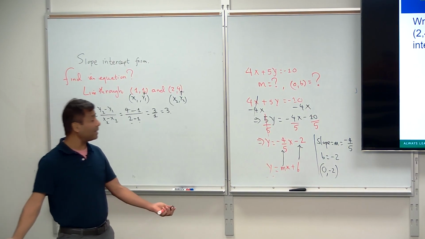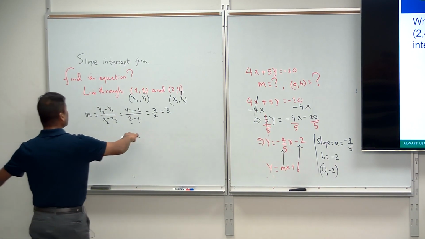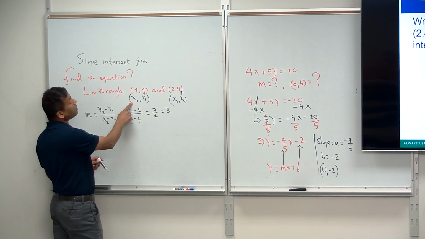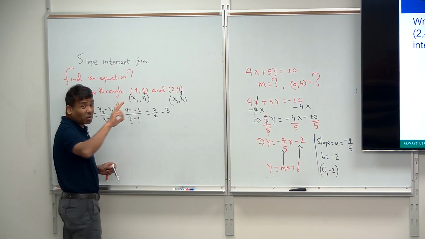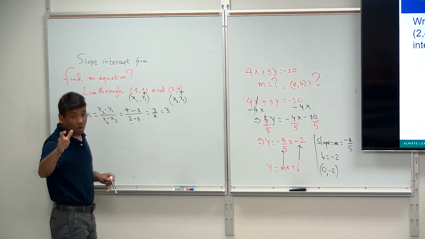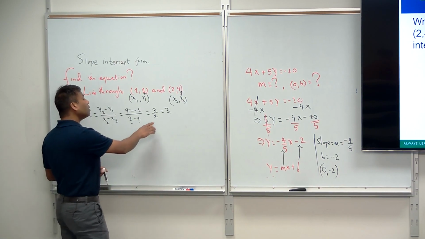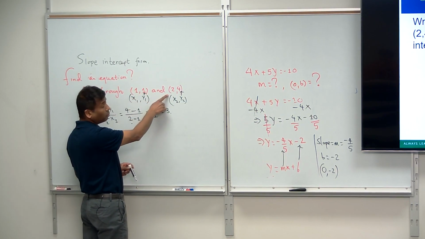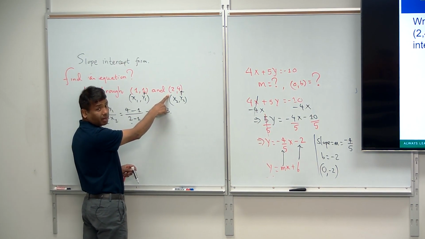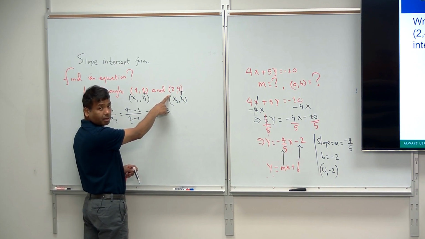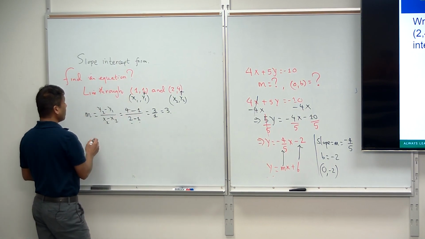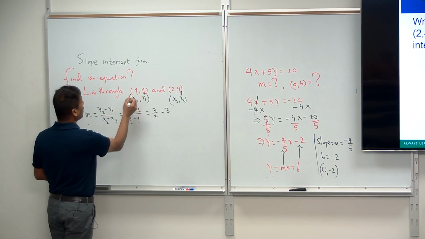Now how do you find the equation? You have a slope. While finding the slope, you considered this point as (x1, y1). But when you find the equation of the line using point slope form, you can use this slope and either this point or this point. It doesn't matter. Let's say I pick this point.